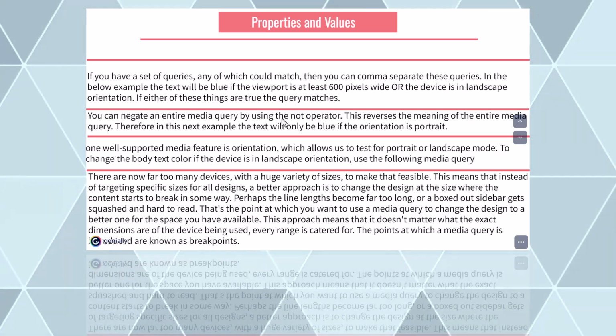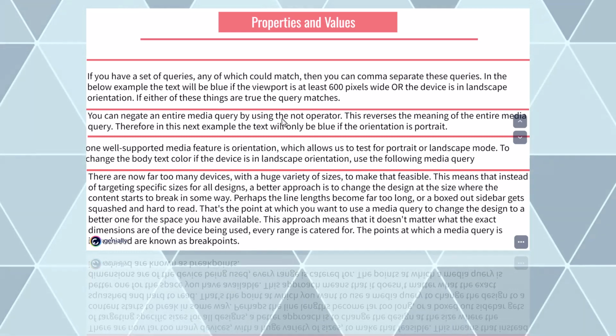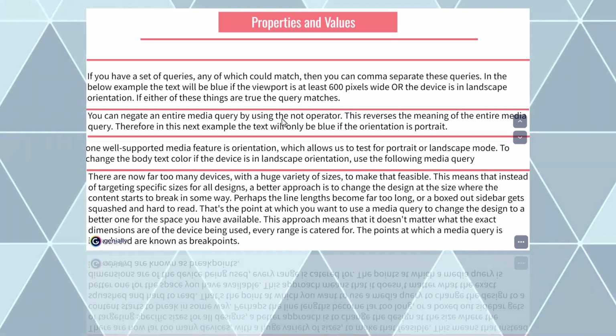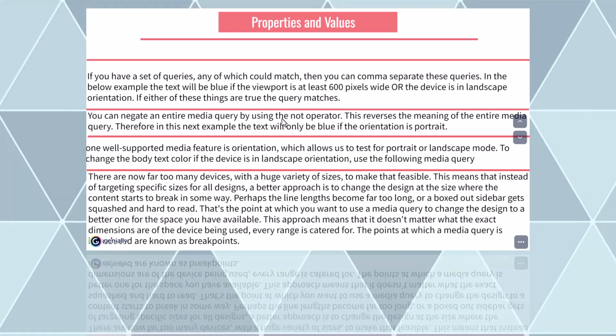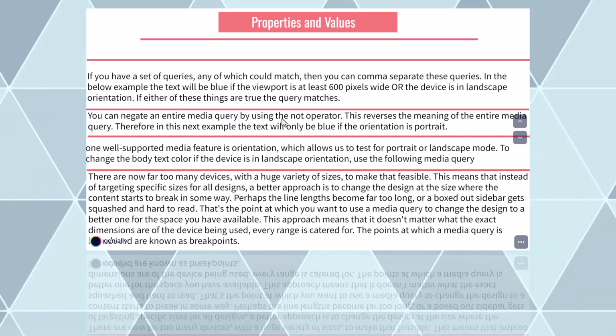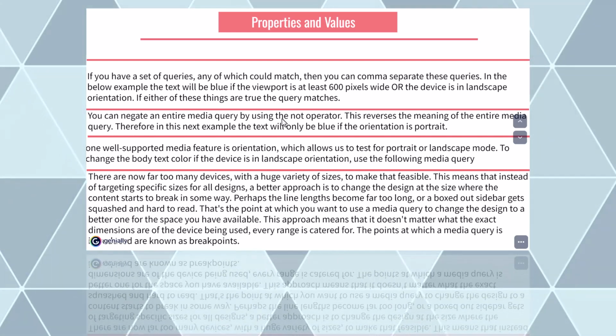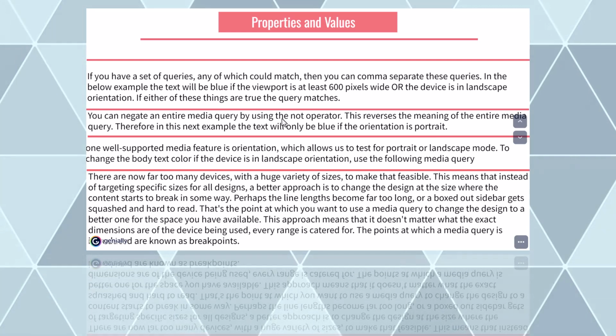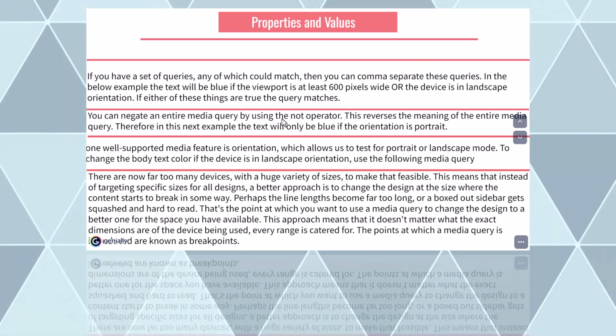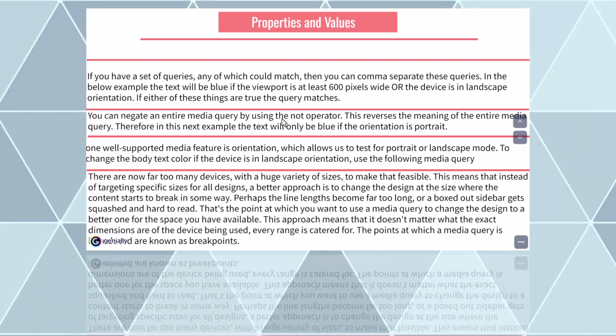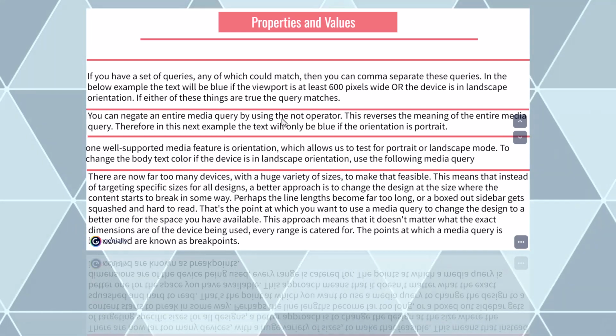That's the point at which you want to use the media query to change the design to a better one for the space you have available. This approach means that it doesn't matter what exact dimensions are of the device being used, every range is catered for.